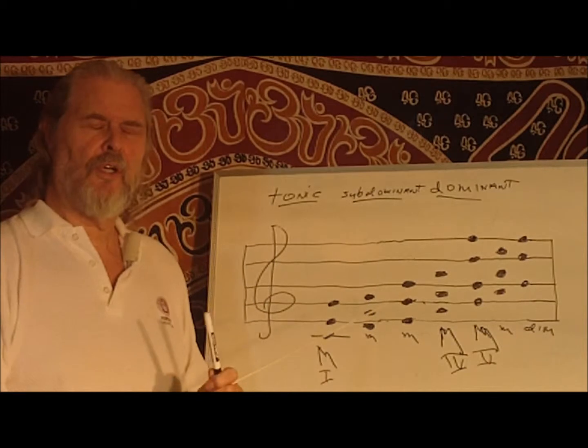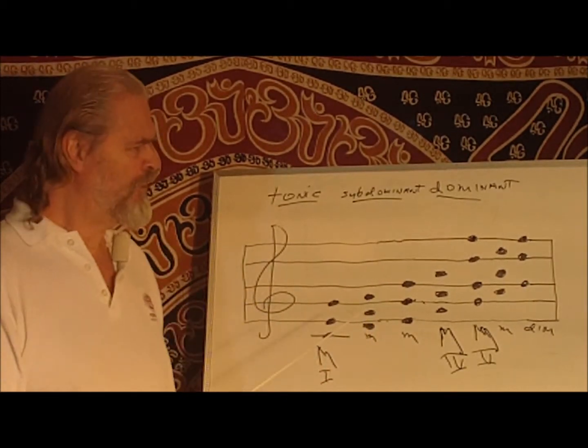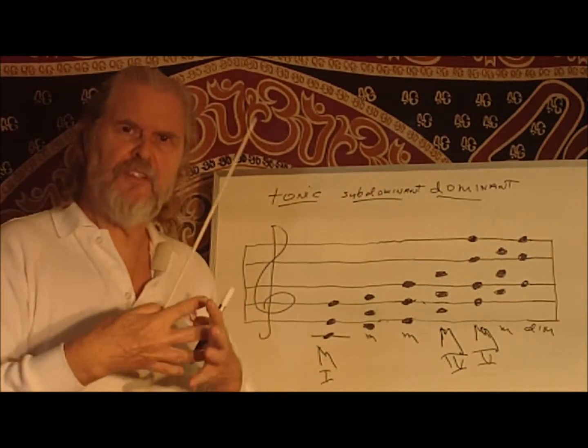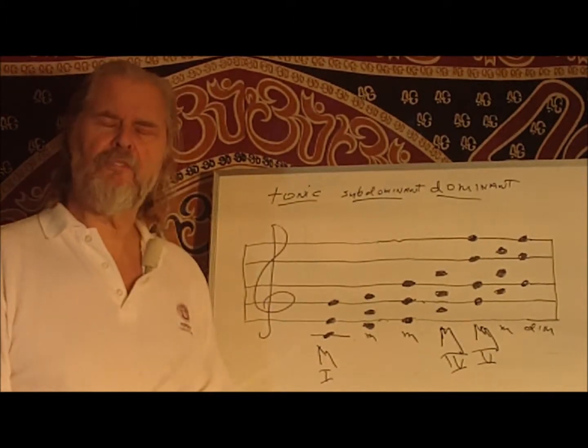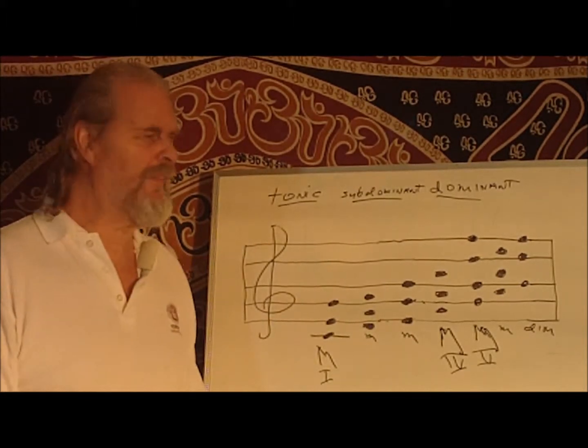So you have the tonic, subdominant, and dominant in all keys. This is why these three chords fit together. In every key, there's these chords that always fit together.